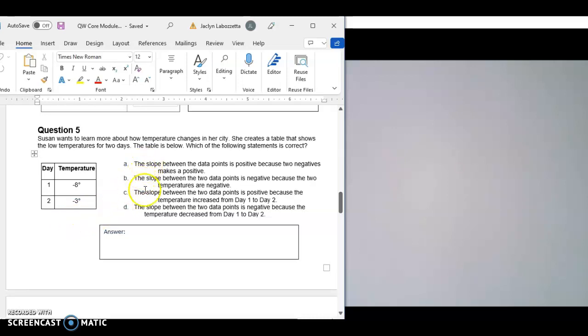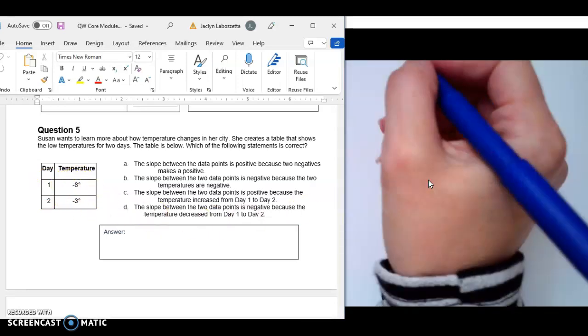So looking at the answer choices, they're all asking about a slope. So let's go ahead and find the slope of these 2 days. So thinking about these as ordered pairs, the independent variable will be the day, and the temperature will be the dependent variable.